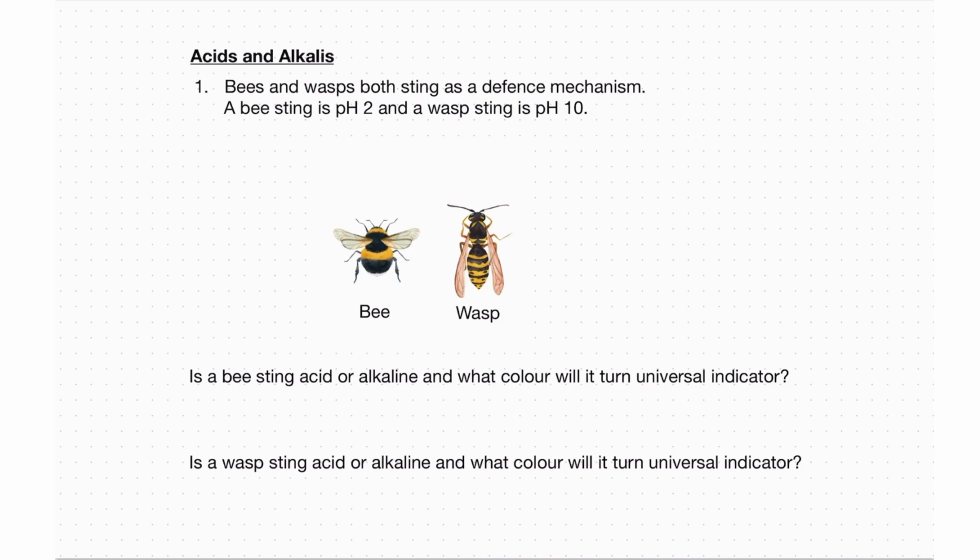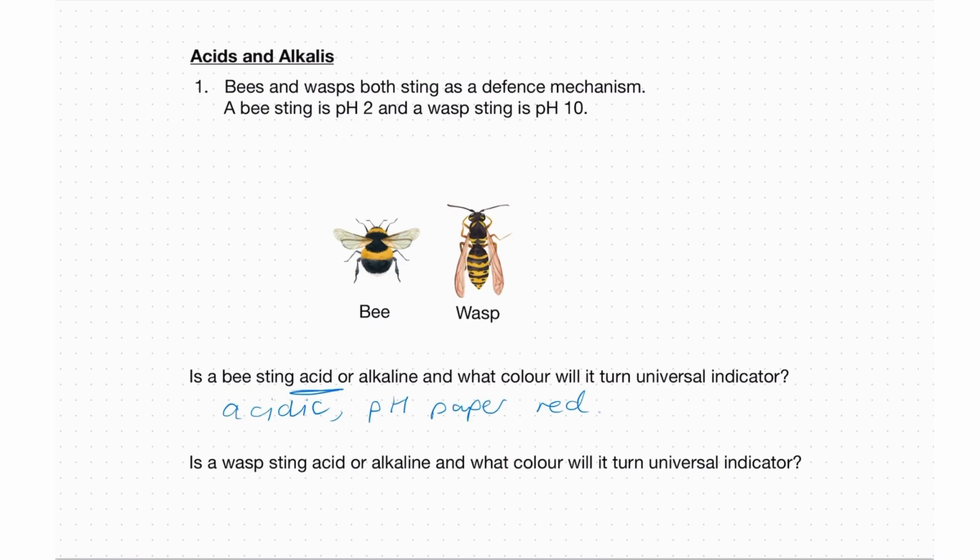So if the bee sting is pH 2, hopefully you can recall your universal indicator pH scale, and you will be able to remember that this is acidic, and it will turn the pH paper red.